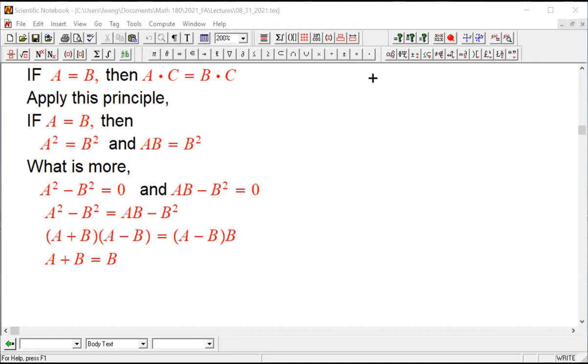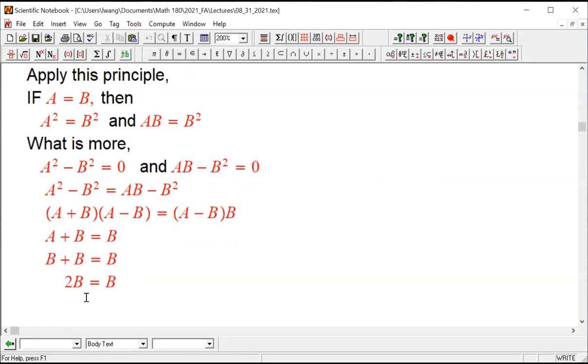And A is the same as B, so A plus B is B plus B equals B. Then as a result, we get 2B equals B. And we divide both sides by B again, and we get 2 equals 1.